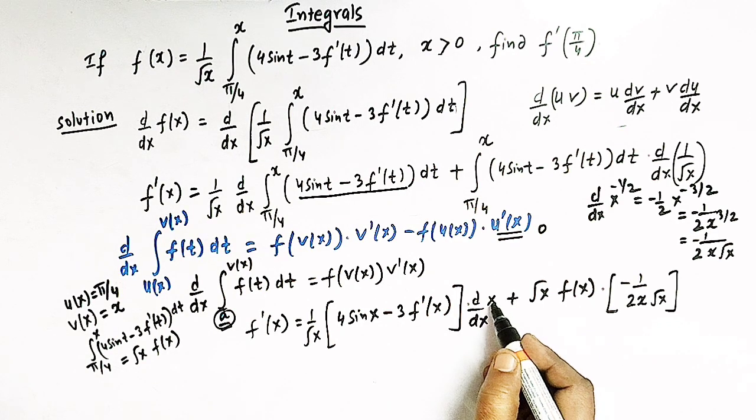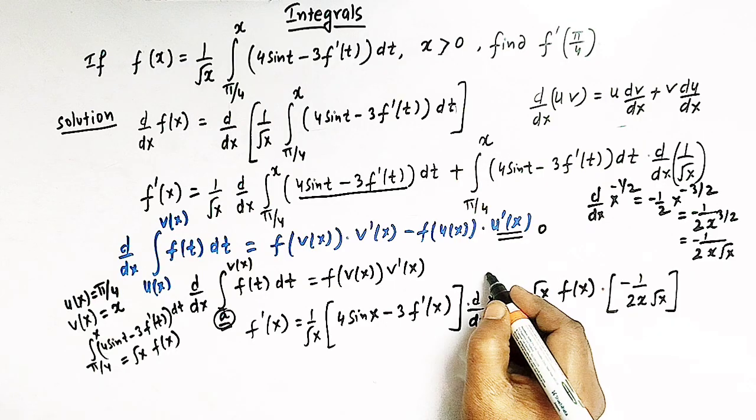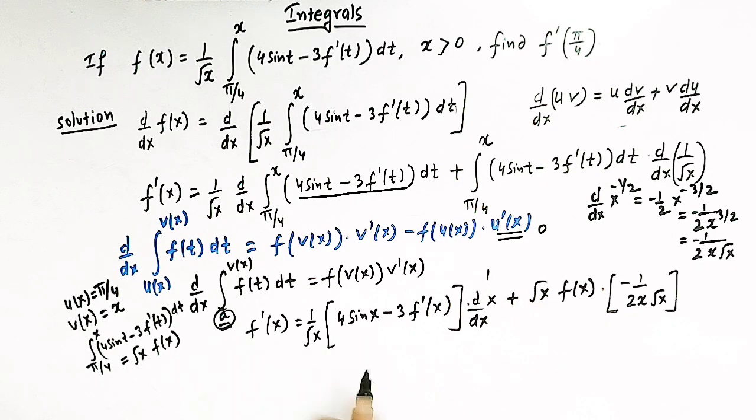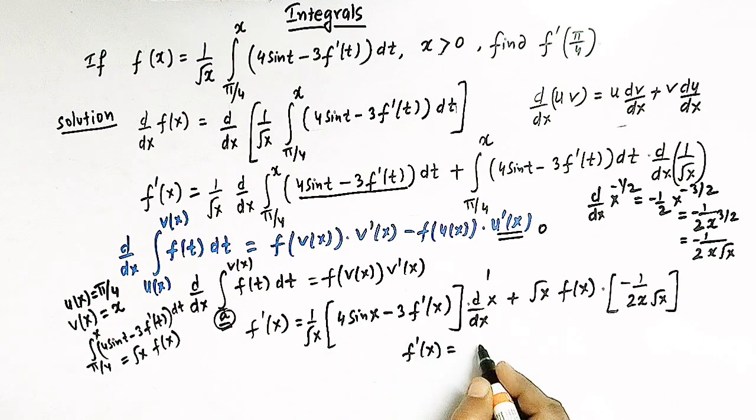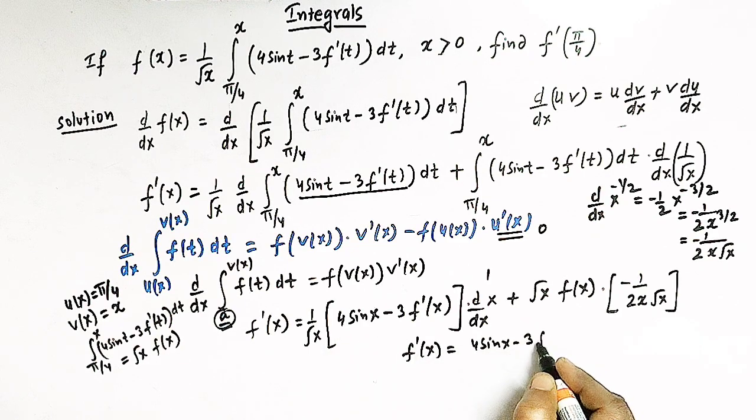So now the derivative of x with respect to x is equal to 1. So now we can write f prime of x is equal to 4 sine x minus 3 times f prime of x divided by square root of x.